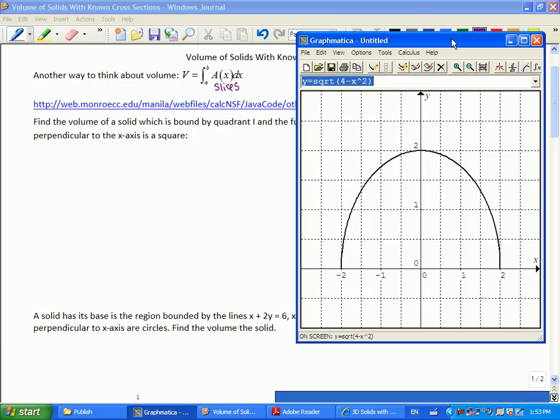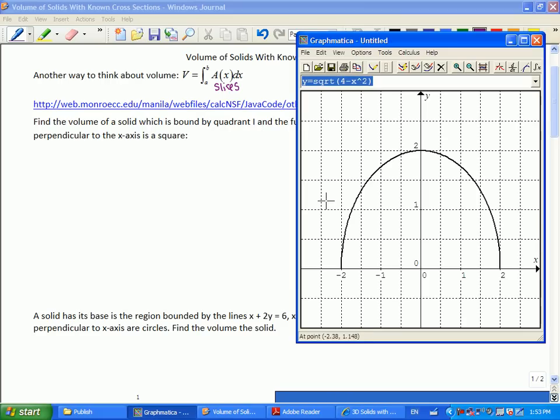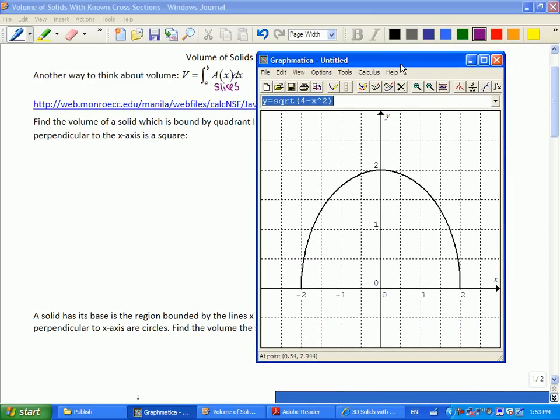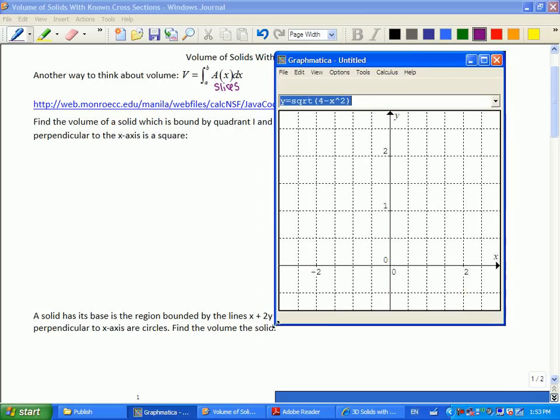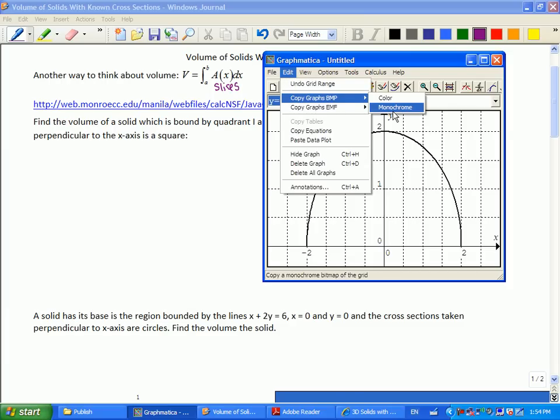But it says here we're going to take this, and every cross-section is also in quadrant 1, so we're only looking at the area in here. And it says every cross-section perpendicular to the x-axis is a square. Let me try and make a better circle out of this. Anyway, I will try and get a picture that we can work on.